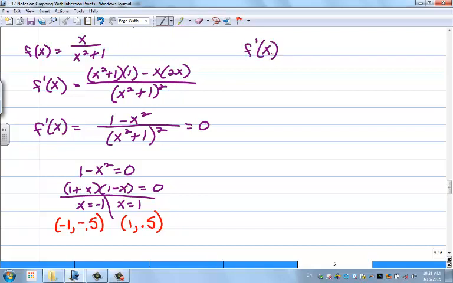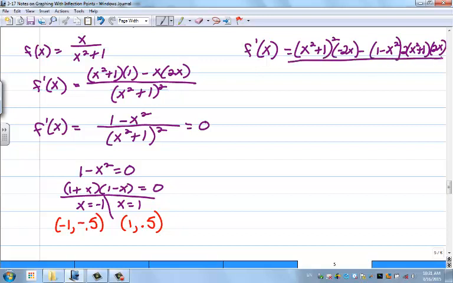When you do f double prime of x, it's ugly. So you do the bottom, x squared plus 1 squared times the derivative of the top, which is negative 2x, minus the top, 1 minus x squared, times the derivative of the bottom, which you need the chain rule for. So it's times 2 times x squared plus 1 times the derivative of the inside, which is 2x, all over the bottom squared.